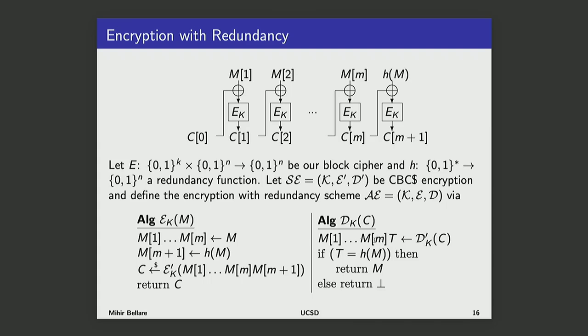You write it as m blocks and an additional block, which we'll just call T. Then the decryption algorithm itself computes the hash function on this part and checks if T was correct. It's saying, when I decrypt, I get something here, some candidate value of H of M, but is it really H of M? If they match up, then it says, okay, I return the message. Otherwise, and now this is the part that's supposed to give you integrity, if it doesn't match up, I'm going to reject.